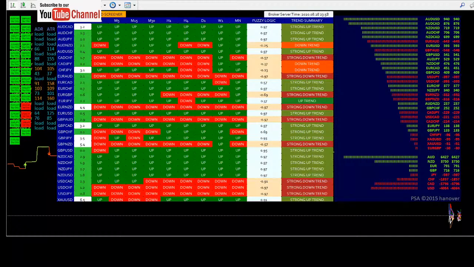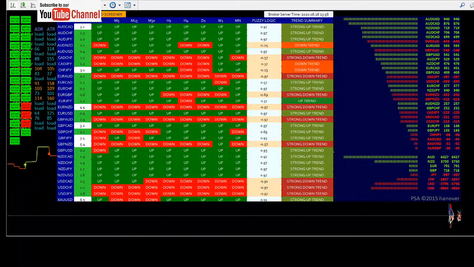Yeah, I think the best setup right now is the Aussie dollar. I don't know why you're so worried about this, but this is a good setup. All the time frames are matching with each other. We're having lots of rejections once we break above.